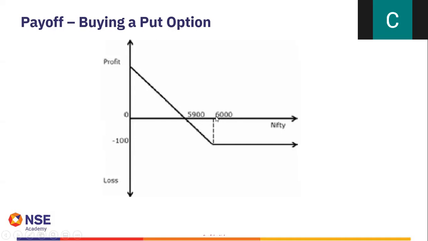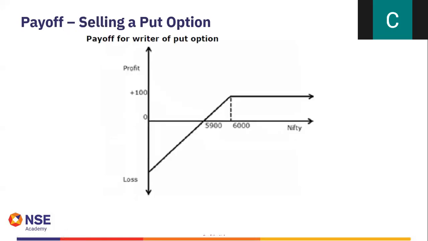6,000 is the strike price which I fixed for this contract. Any price falling below 5,900 will be my profit area. If the price increases, it will be my loss. And similarly, for the seller of a put option, it is the reverse. If the price falls, he'll be making losses.